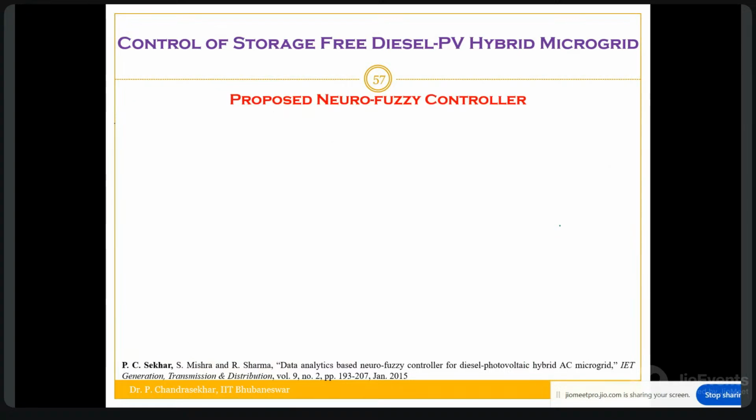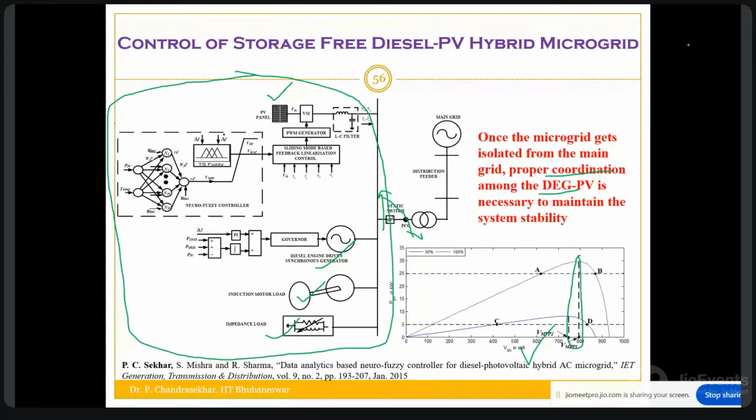I have developed a fuzzy controller because we are going to operate at a decreased power output, not at the maximum power output. In order to regulate the power output, I have to control the operating voltage.